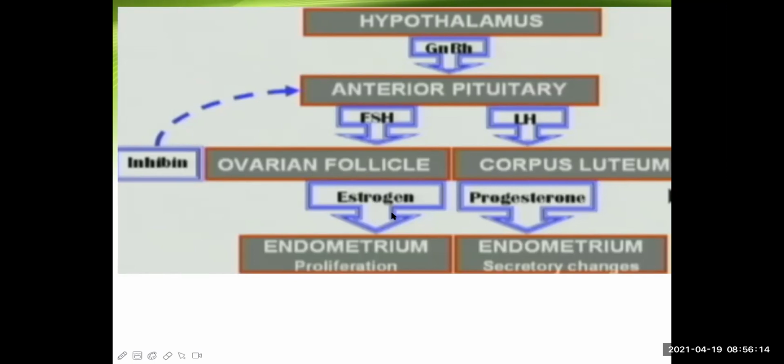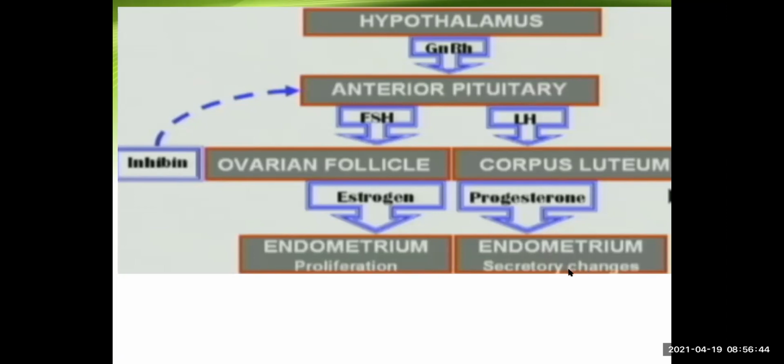Now this is the main action of estrogen on the endometrium. It leads to proliferation. This is known as proliferative phase of the menstrual cycle, whereas the progesterone changes that proliferative endometrium into secretory type of endometrium. Now, this secretory endometrium is necessary for the future pregnancy, if it occurs.